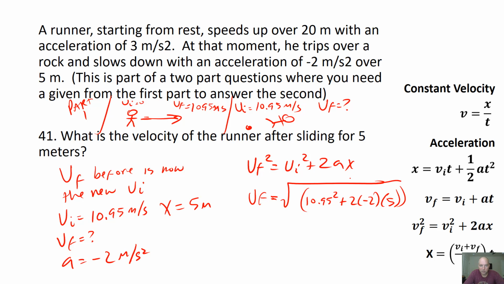I get 99.90. I'm going to take the square root of that, and I get an answer of VF equals 9.995. Let's just go with 9.995. Could round that up to 10 if I wanted to, meters per second. So that's what's happening. This person's still going forward.